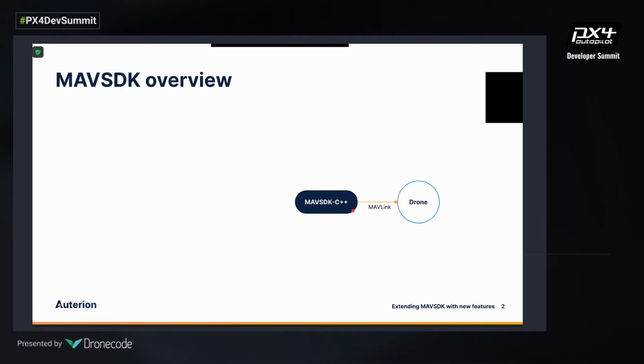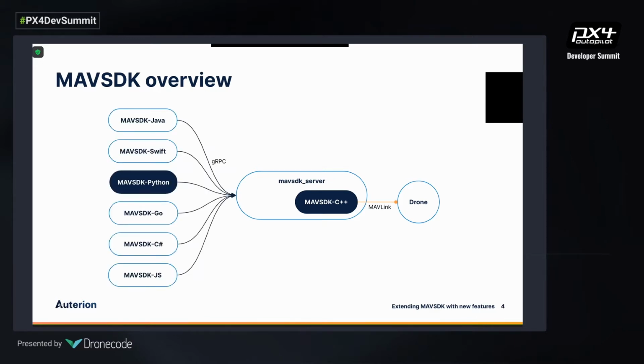So what that means is that if you want to write a C++ program using MAVSDK, this is all you need, nothing more. Now, if you want to use another language, one of the language bindings we support, it's a bit different. So if we go one level higher, we have MAVSDK server on top of MAVSDK C++, and that guy is there to make the link to the language bindings we have.